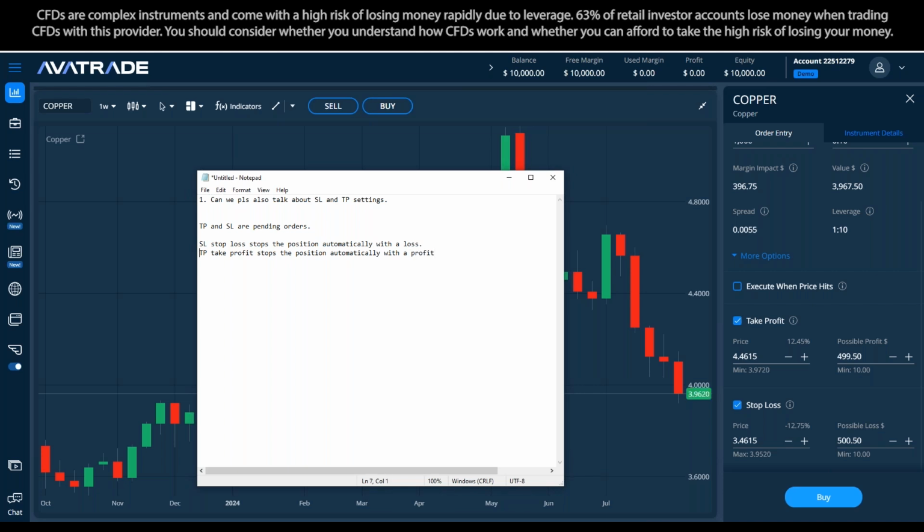Now, to be able to determine what can be my potential gain or loss, I have to go by units times price difference equals potential profit or loss.